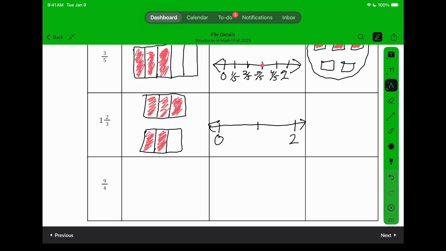Our halfway point is going to be 1. And then split each of these sections into thirds. So that's our 1/3, 2/3, 1, and then 1 and 1/3 is the same as 4/3. And then 5/3 is the same as the 1 and 2/3, which is actually what we're looking for. We plot our point there.